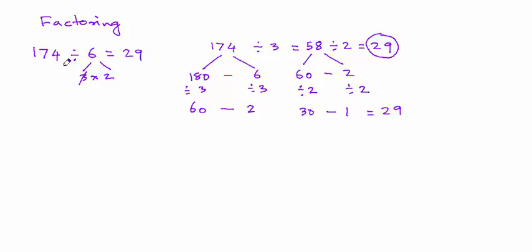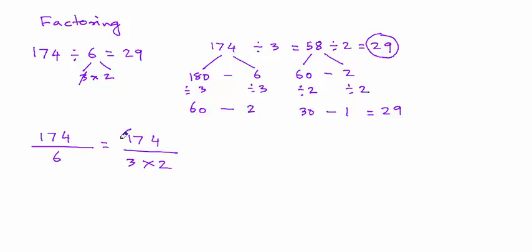And if you're still wondering why this should work, recall that a division can always be written down as a fraction. So you could write 174 over 6, and then this is equal to 174 over 3 times 2.